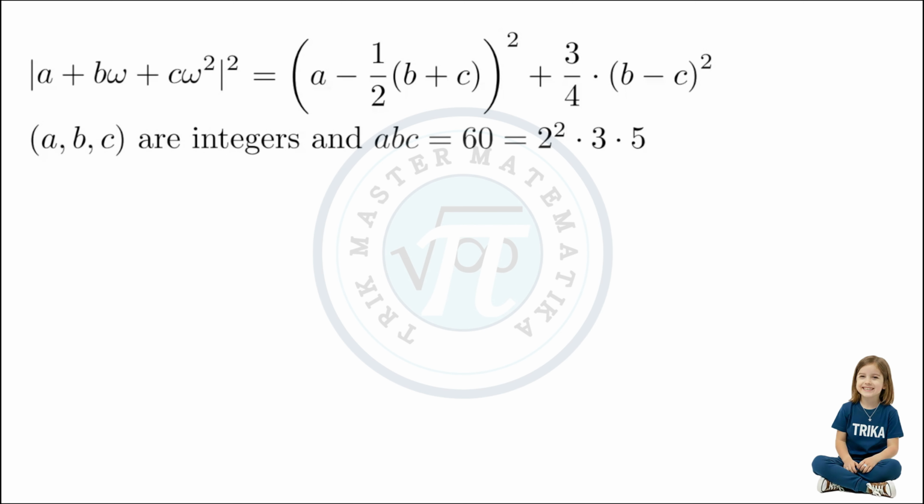And remember that A, B, C are integers with ABC equal to 60, and the factorization of 60 is 2 squared times 3 times 5. Now we want to find the minimum of the above expression.